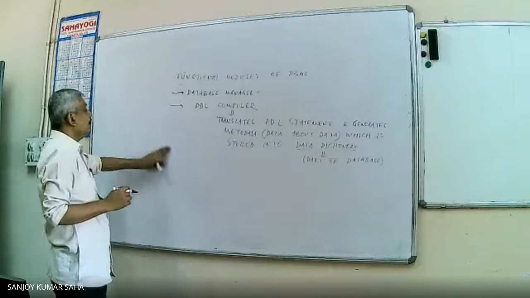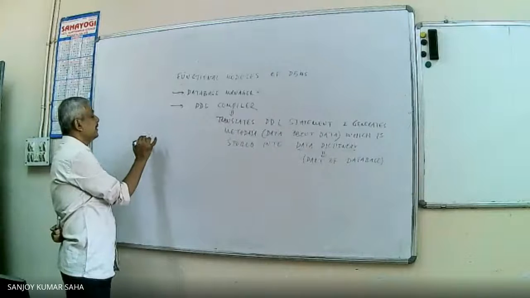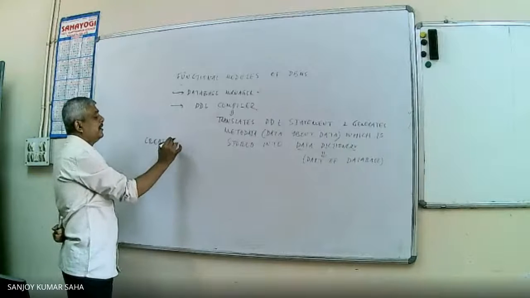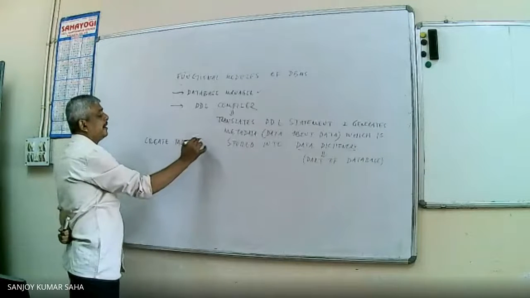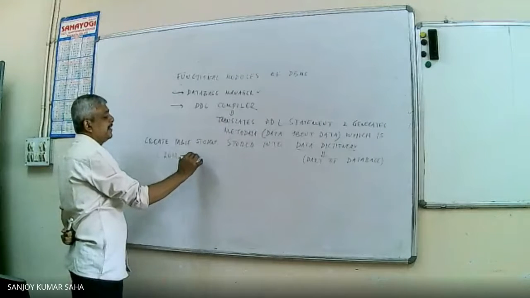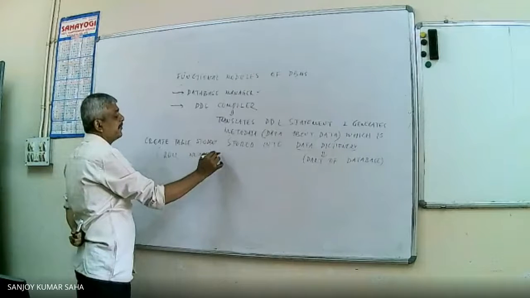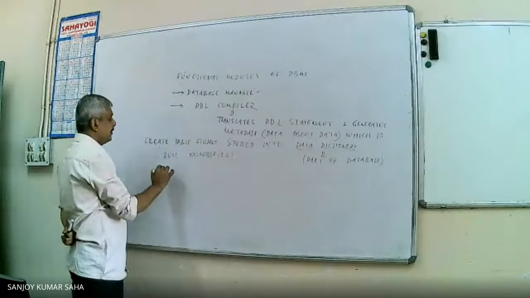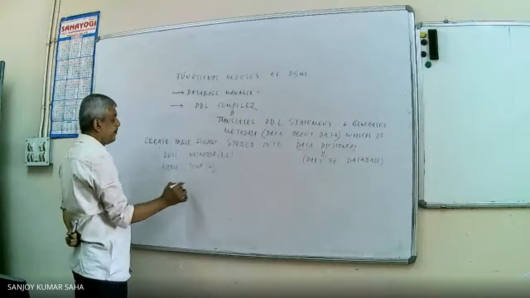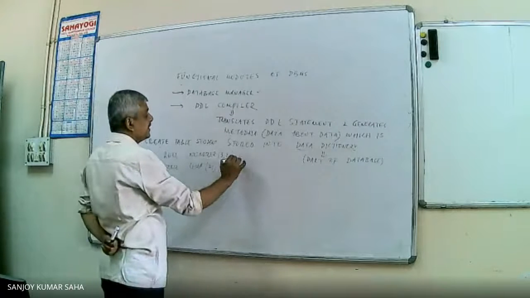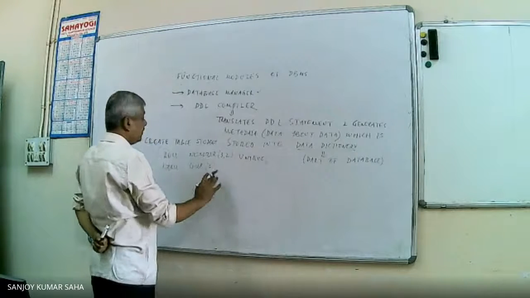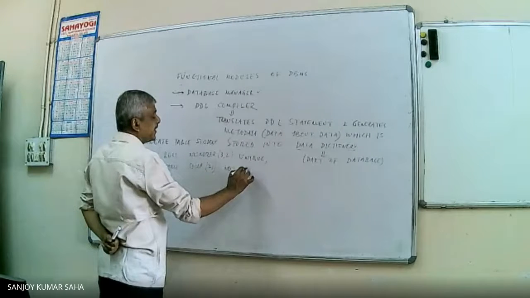Don't worry, just take it as an example. Suppose I am creating a database student where roll is a 3-digit integer value, and this is unique. Name is mandatory, it cannot be kept empty.